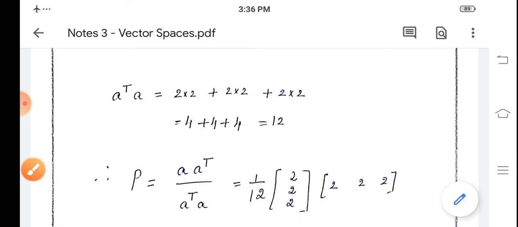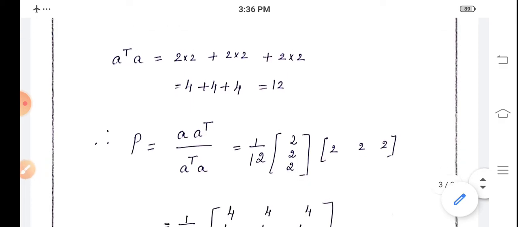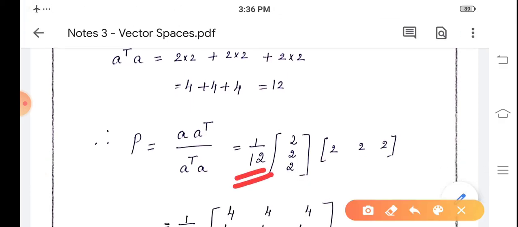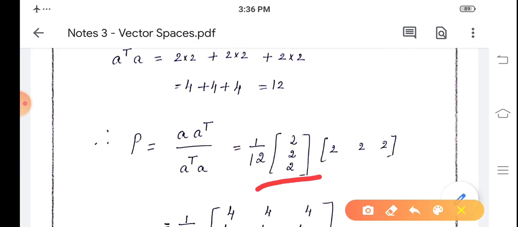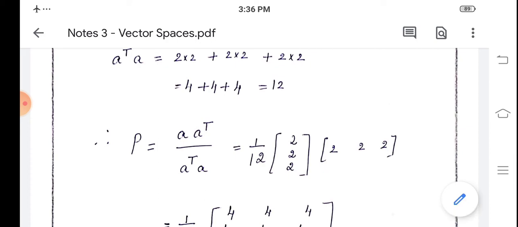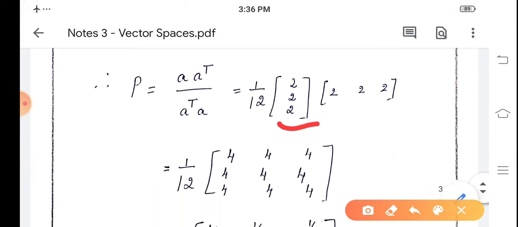Now we substitute A transpose A in the formula. That is P is equal to 1 by 12 into A A transpose, where A is column vector 2, 2, 2 and A transpose is row vector 2, 2, 2. Here also when we multiply this, we are getting matrix of order 3.